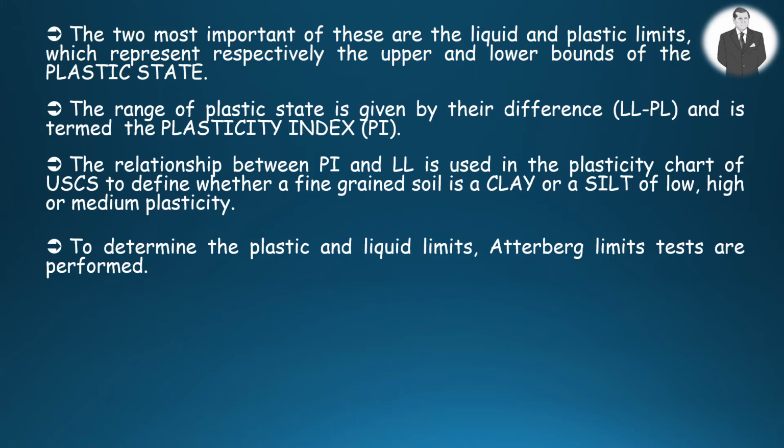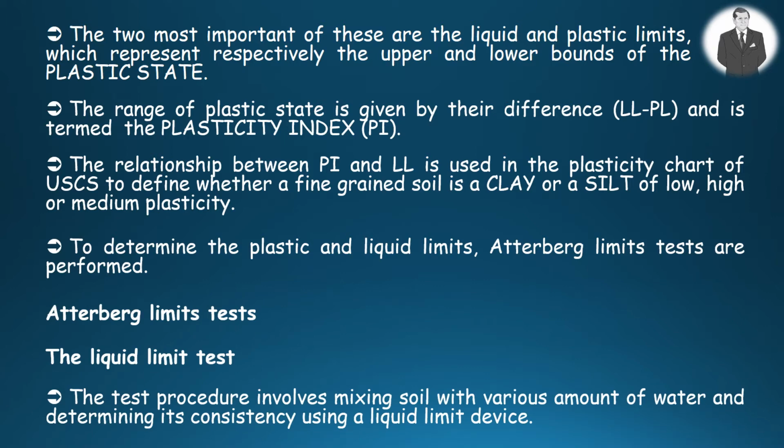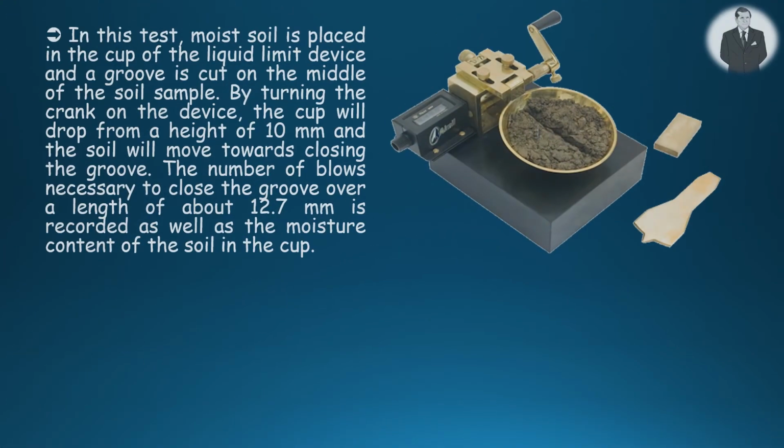Let us see what they are. The liquid limit test includes mixing soil with different amounts of water and determining its consistency using a liquid limit device. The liquid limit test can be carried out by means of 2 different devices, namely the Casagrande device and the liquid limit penetrometer device.